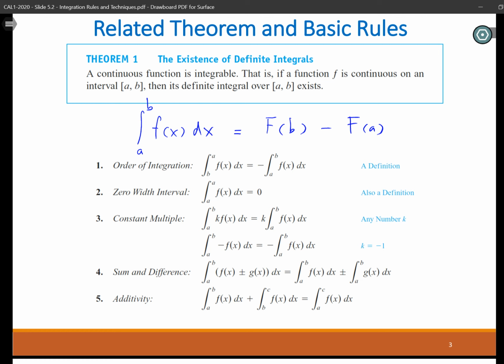So this is the definite integral, and this is related to theorem number 2. So once again, this is definite integration.